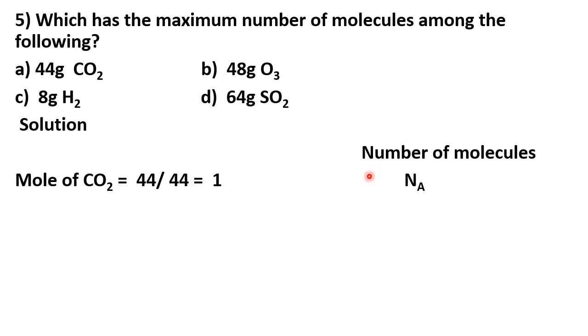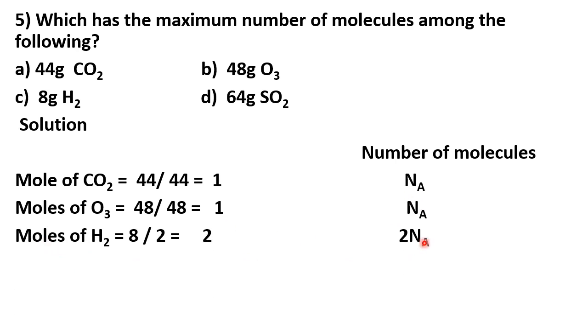So number of molecules 1 Na. In the second case, that is ozone, mass is 48, molar mass is also 48, that is 16 plus 16 plus 16, it gives 48. So 48 divided by 48 is 1. Moles of O3 is also 1. So here also Na number of molecules.